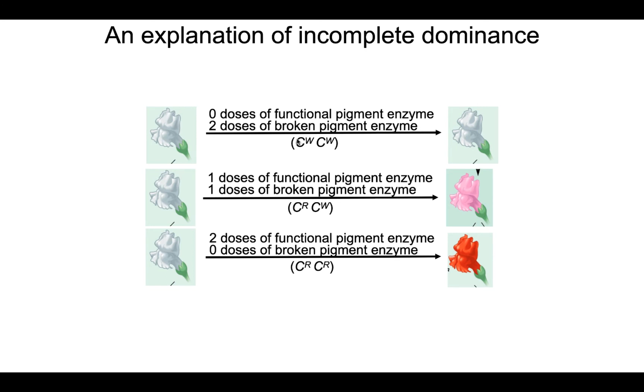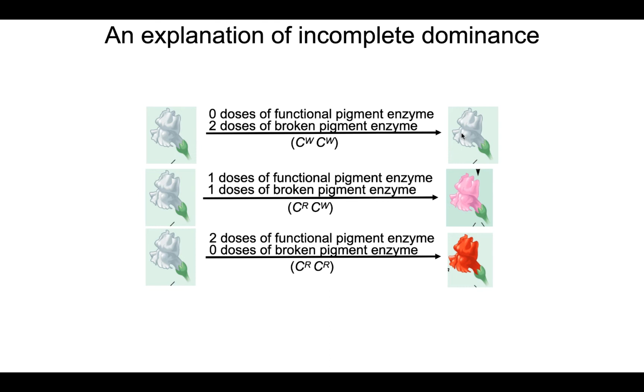Now, the CW allele encodes a protein, an enzyme, that does not function. It cannot catalyze the production of red pigment. So if all you have is that broken enzyme, two copies of that broken enzyme, you end up with no red pigment at all and therefore get a white flower.